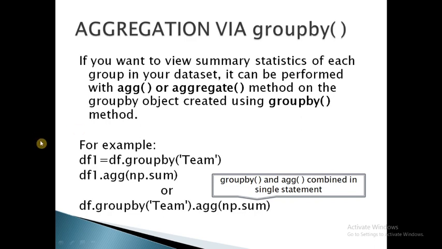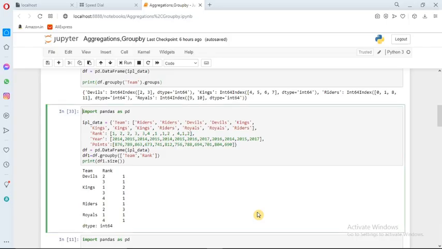These two statements can also be written in a single statement: df.groupby('team').aggregate, and we can pass any statistical function such as sum, mean, median, mode and so on. Let's implement it now.